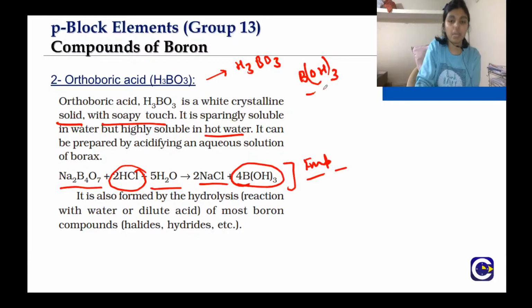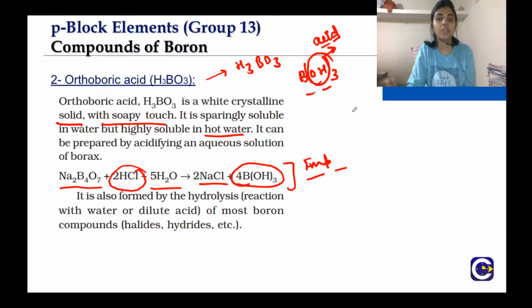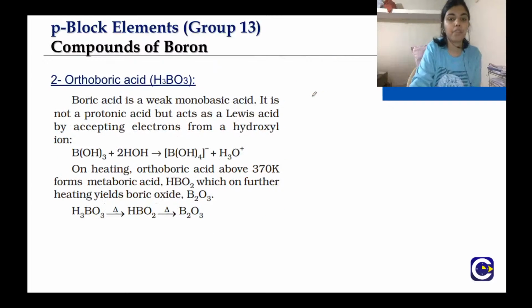B(OH)3 also. Now in spite of having OH, it is an acid. So let us explain how boric acid has an acidic behavior in spite of having 3 OH groups in its formula. So here you can see that what happens is that B(OH)3, see, someone which gives H plus is known as what?